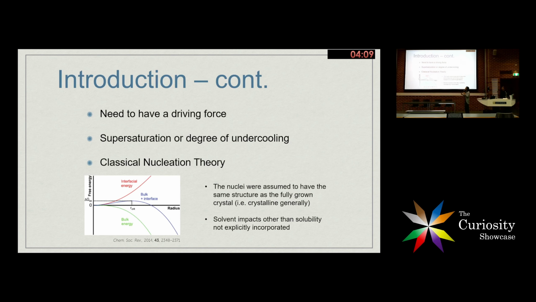Normally we interpret particularly solution crystallization through the classical nucleation theory, and I should say that the term classical here does not refer to the fact that there's some quantum theory out there. Classical is just because it's the oldest and most used theory for explaining crystallization.